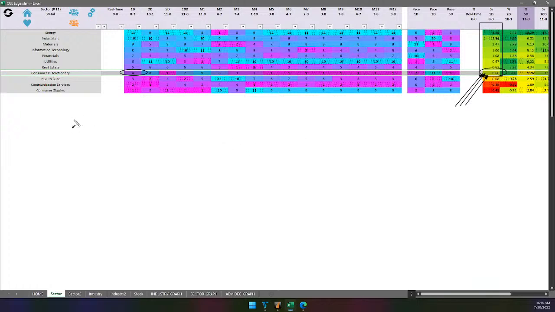Which ones came down? Consumer staples, communication services, healthcare. These three sectors came down. Healthcare, you may say unchanged. Let's say healthcare is unchanged practically. So communication services, consumer staples came down. Those are defensive sectors. So overall the market was bullish.